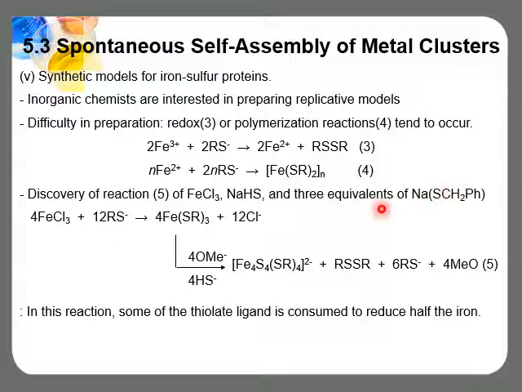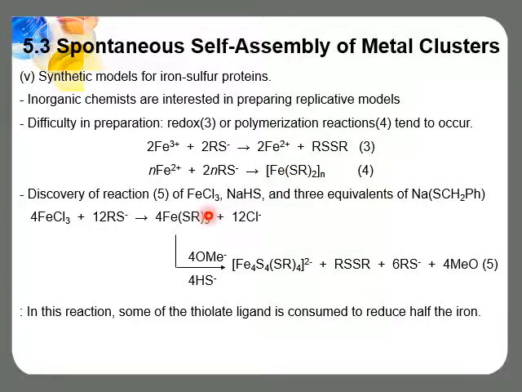thiophenols. Here, in the first step, they prepared an iron-sulfur coordinate complex, and here the R group is something with phenyl. Due to the steric hindrance, the polymerization reaction did not occur.